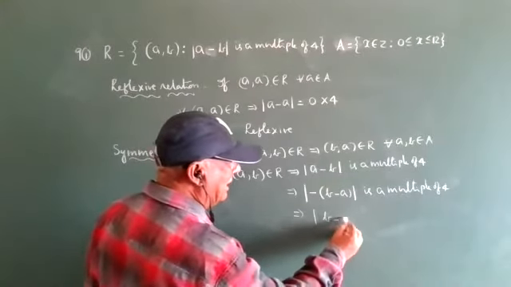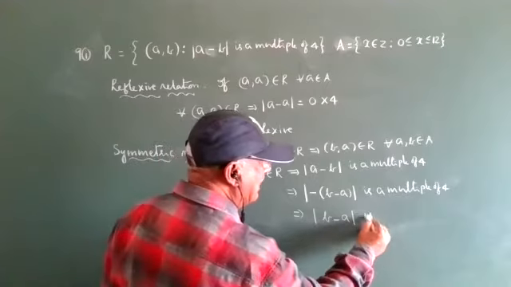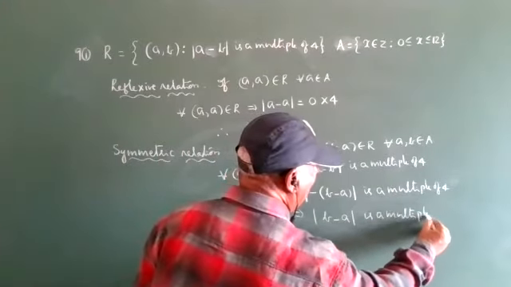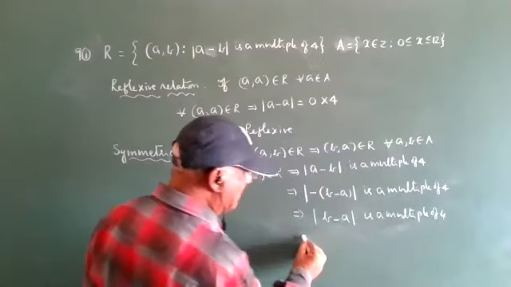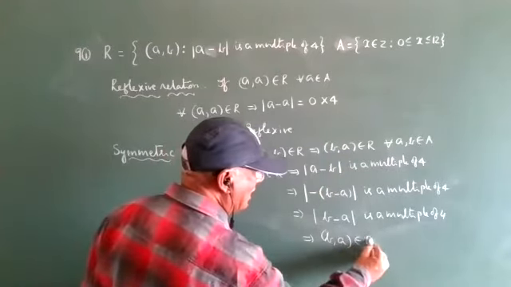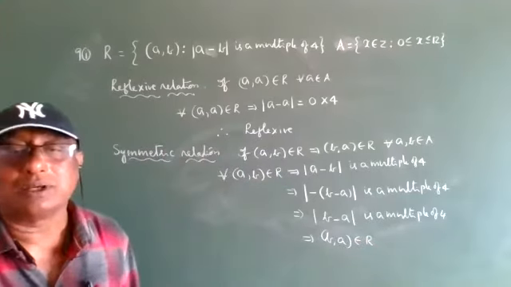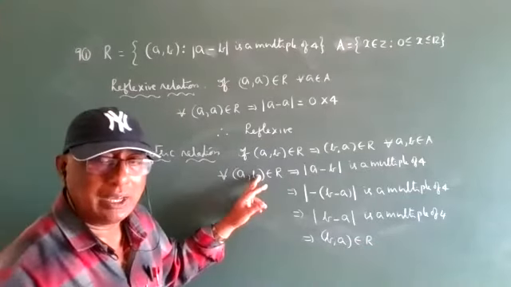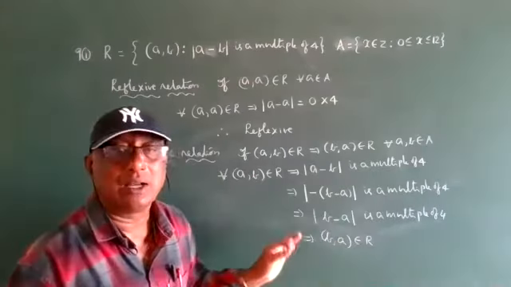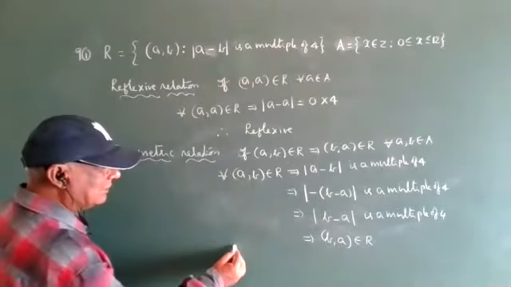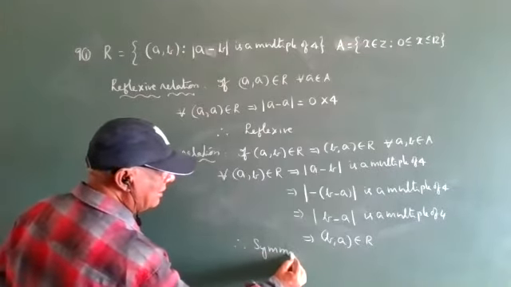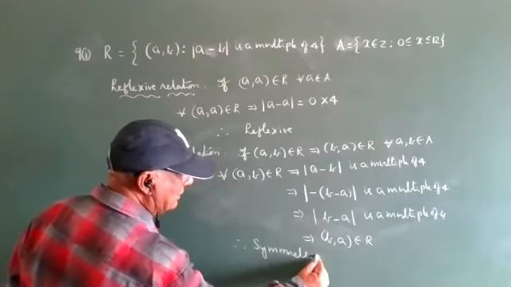Therefore, modulus of B minus A is a multiple of 4. That implies B comma A also belongs to R. A comma B belongs to R, and its reverse order also belongs to R. Therefore, it is symmetric.